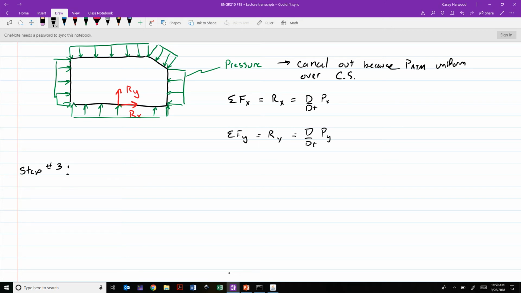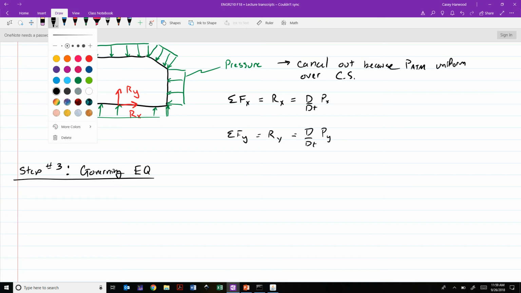Step number 3 is state governing equations. In general, we're always going to rely on conservation of mass. Conservation of mass comes in almost all the time, so that's the first governing equation we're going to invoke.